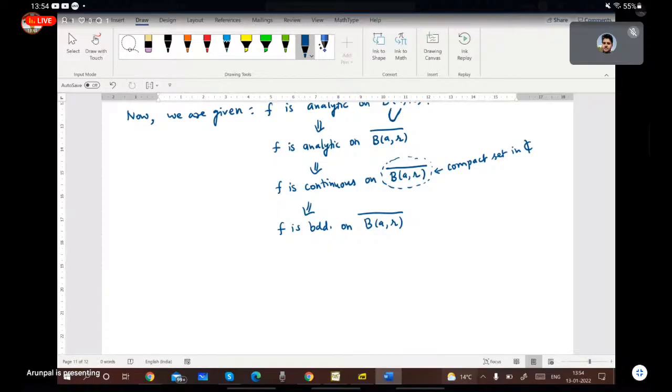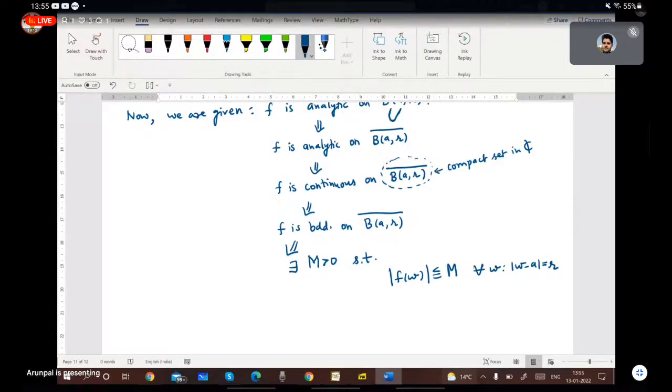And if it is bounded on it, then there must be some constant M bigger than 0 such that |f(w)| is less than or equal to M for all w such that |w minus a| is equal to r.